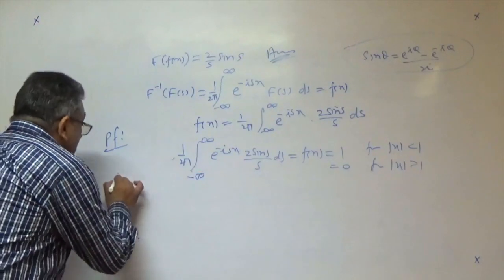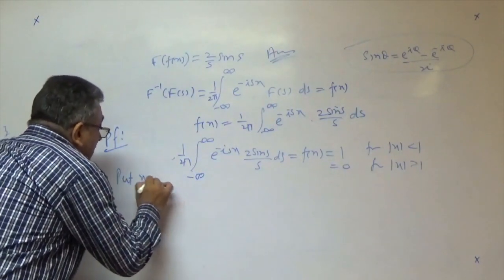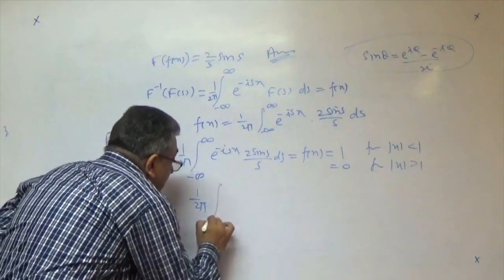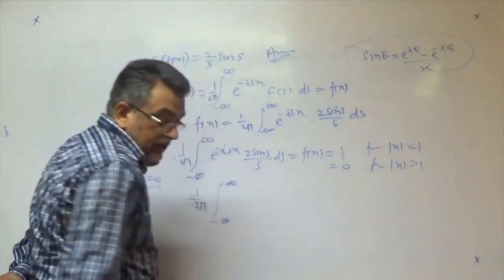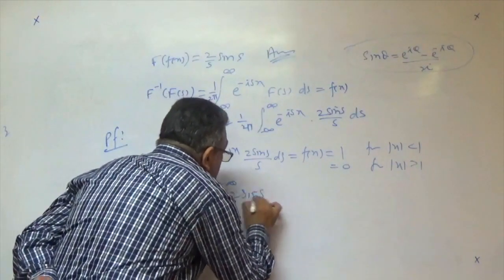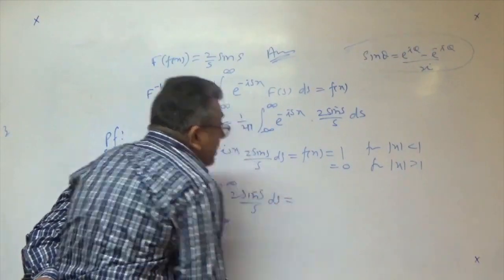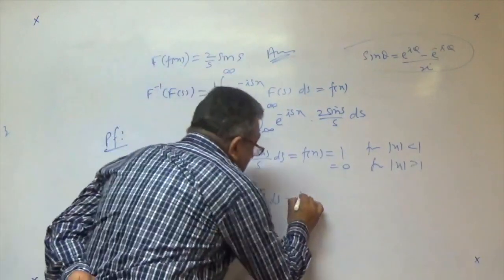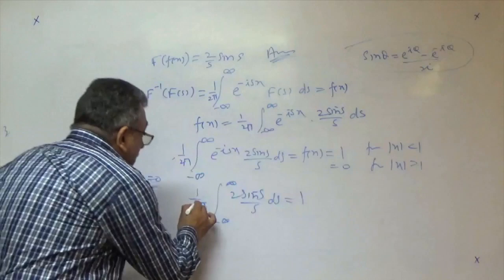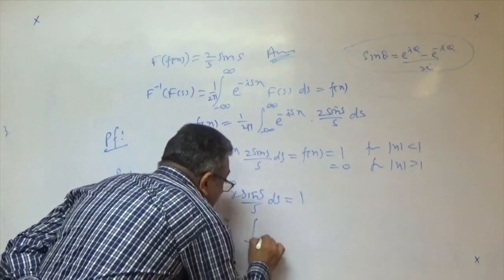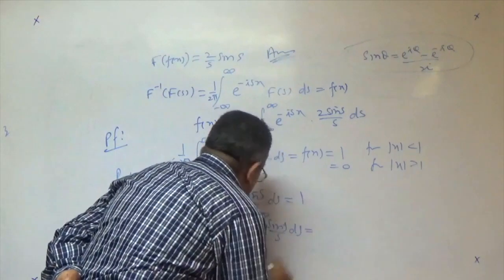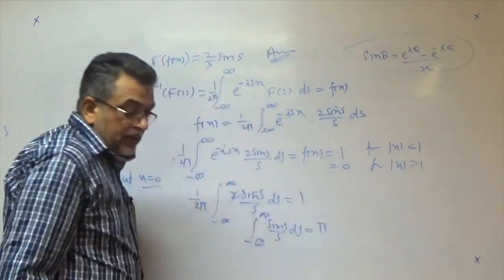If we put x equal to 0, then this is 1 upon 2 pi, minus infinity to infinity, 2 sine s upon s, with e to the power 0 equal to 1, and f(0) equal to 1, right? The 2 is cancelled out, so the integral from minus infinity to infinity of sine s upon s ds equals pi.